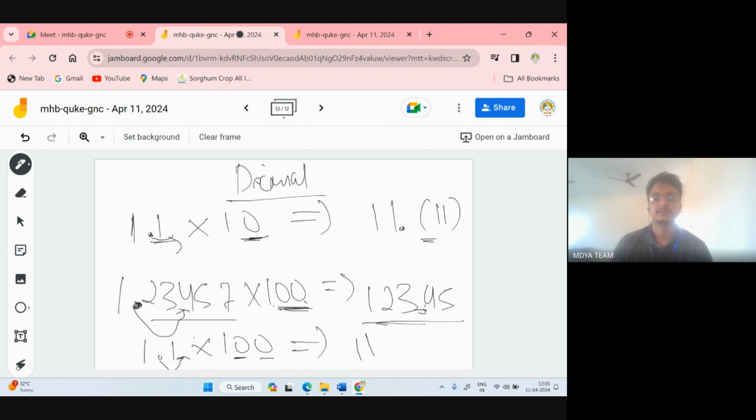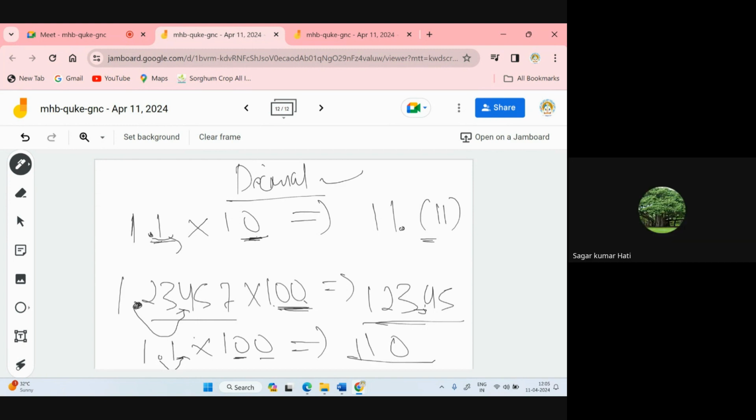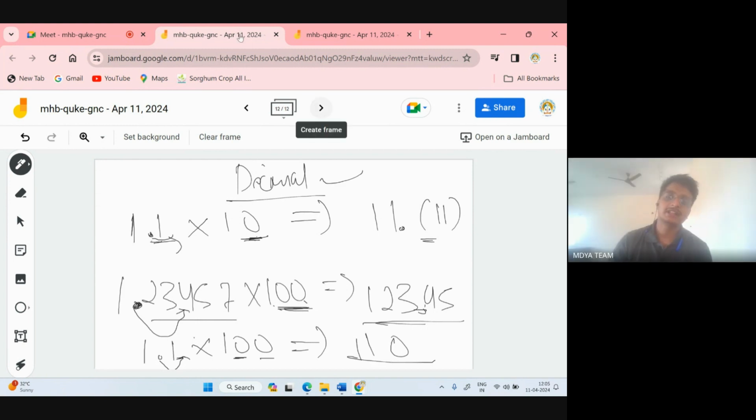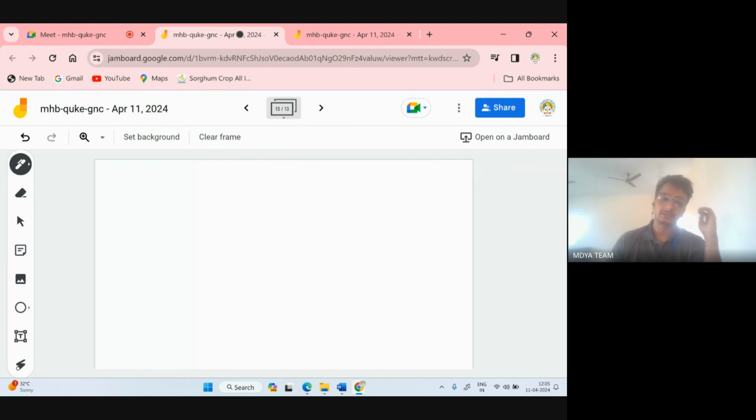It will be 110. Is it clear? Anyone having doubt in this multiplication of a decimal number by 10? Is it clear? Clear, yes, sir. Okay. A similar thing happens with division.